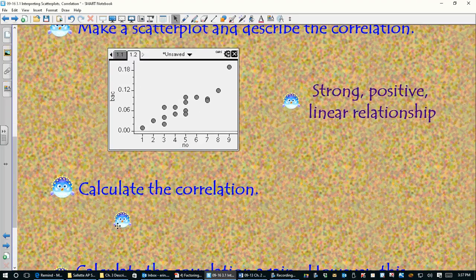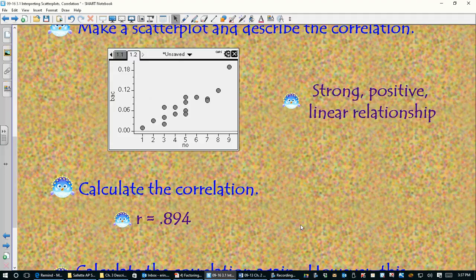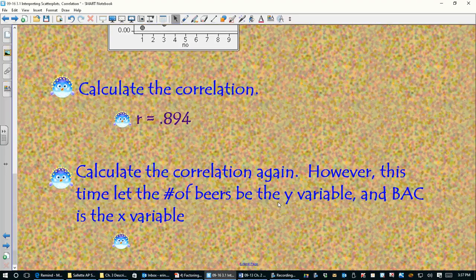And we're going to use list 1 as our x values, list 2 as our y values, and that will give us what R is. And our R is 0.894. See, it's close to 1. It's pretty close to 1. So we have a very strong positive correlation here.